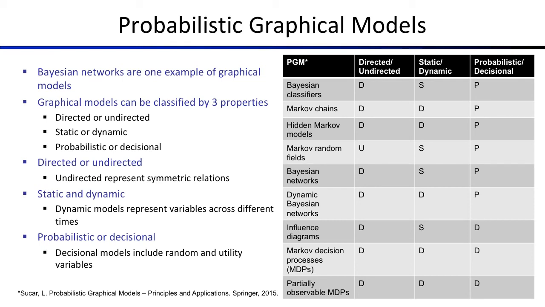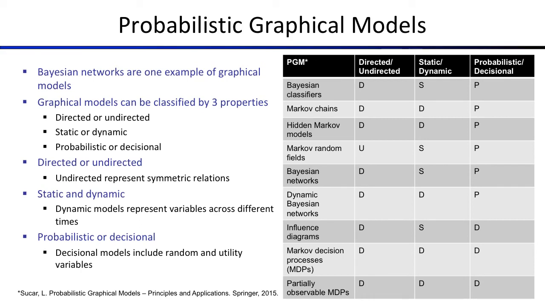The second one, if the graph is dynamic or static. And the third one, if it is a probabilistic graphical model or a decisional graphical model. So by now you should be more or less familiar with all those ideas, but we can have directed or undirected graphs. These are the two main families of graphs, and I'm going to study them.